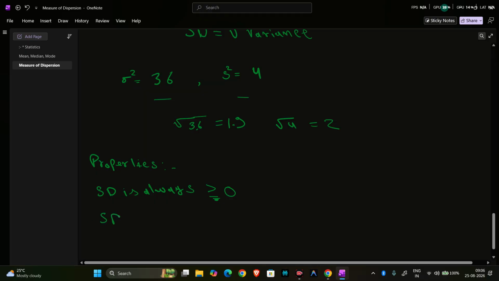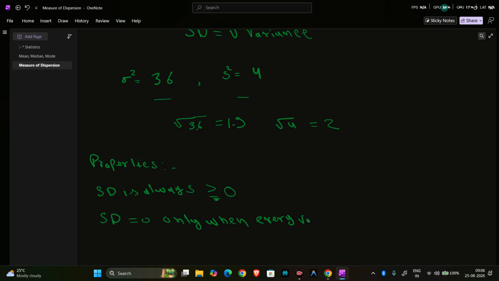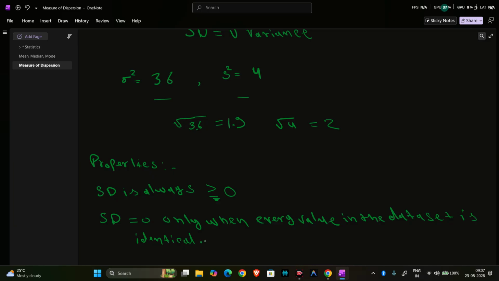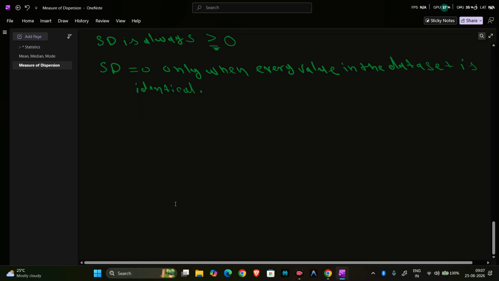And standard deviation equals 0 only when every value in the data set is identical. So the standard deviation is always greater than or equal to 0, and it is 0 when all the values in the data set are identical.